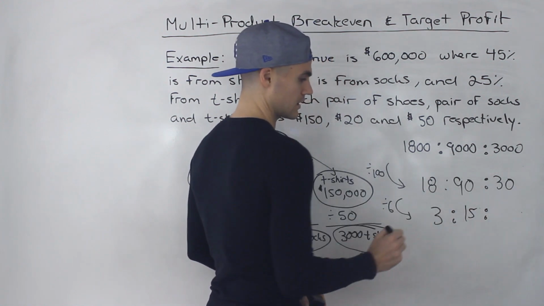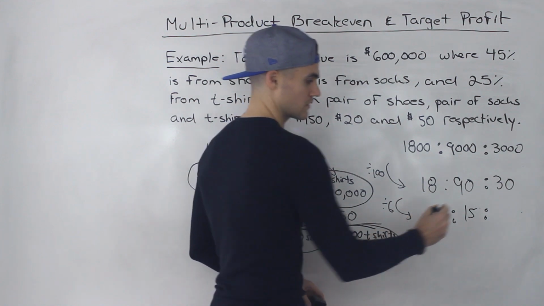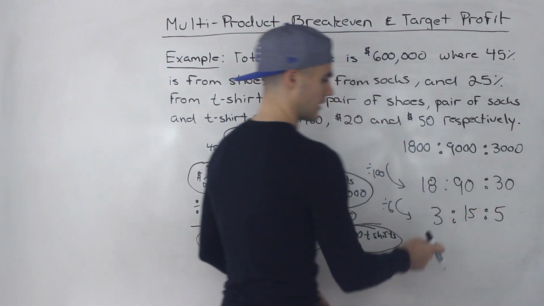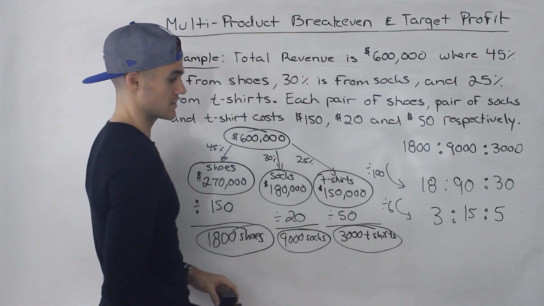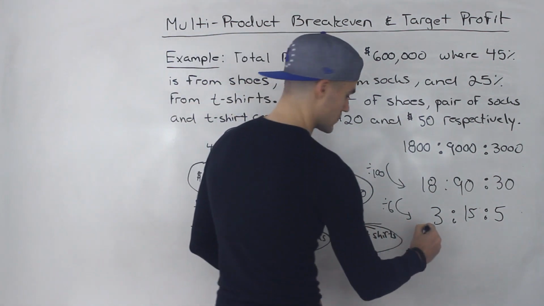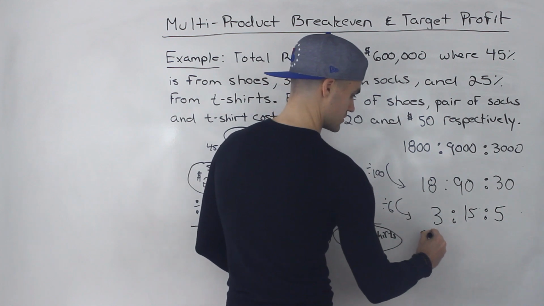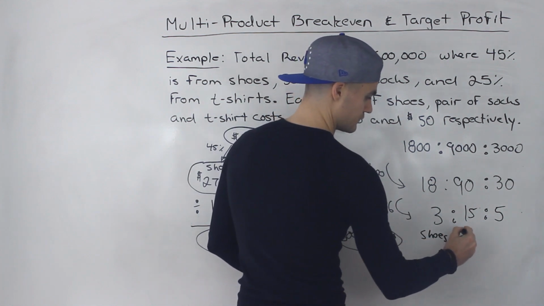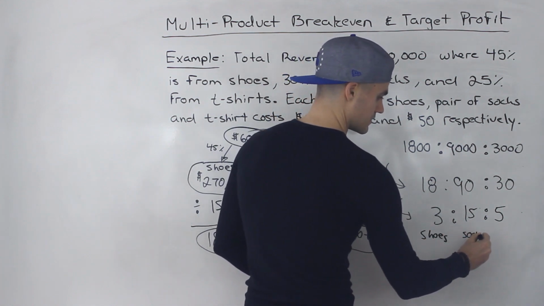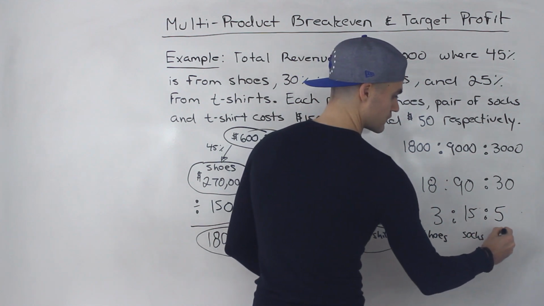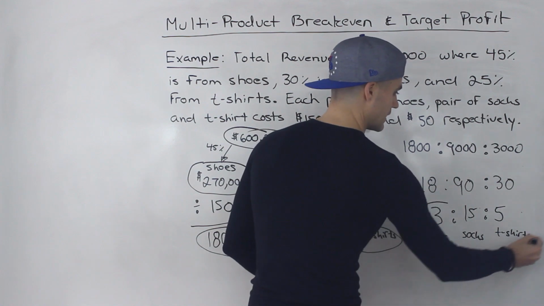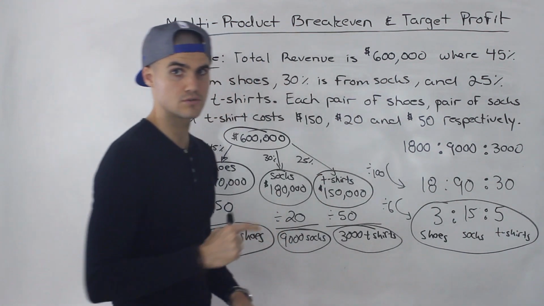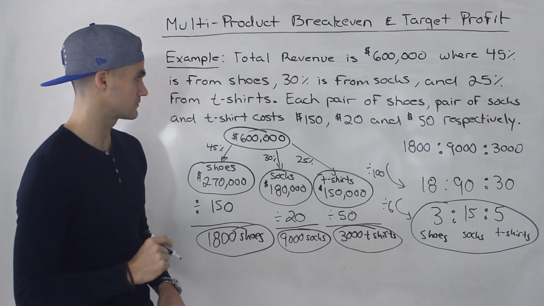And then 30 divided by 6 would give us 5. And notice we can't simplify that any further. And so that's our sales mix right there. So for every 3 pairs of shoes, we sell 15 pairs of socks and 5 t-shirts. And so that is the sales mix you would use in your calculation.